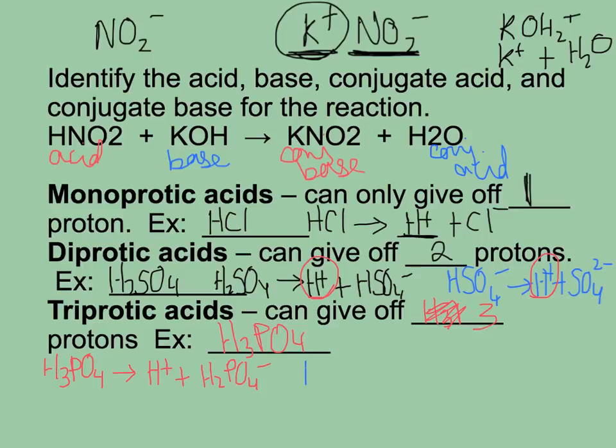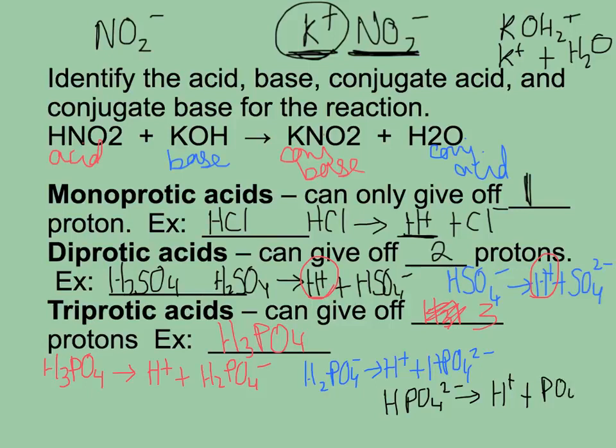Then H2PO4 minus can give off a proton and HPO4 2 minus. And then finally, HPO4 2 minus can give off a proton and PO4 3 minus. So if you add them all up together, there's one proton, there's the second one, and there's the third one.